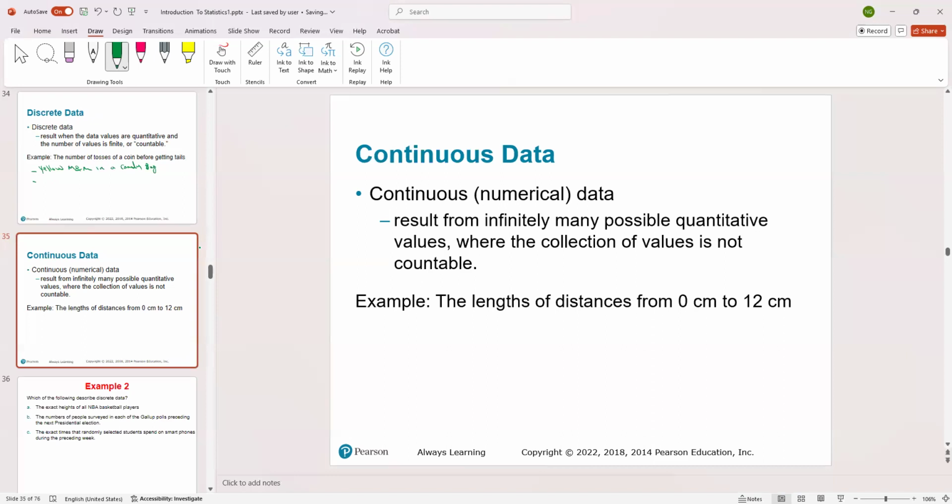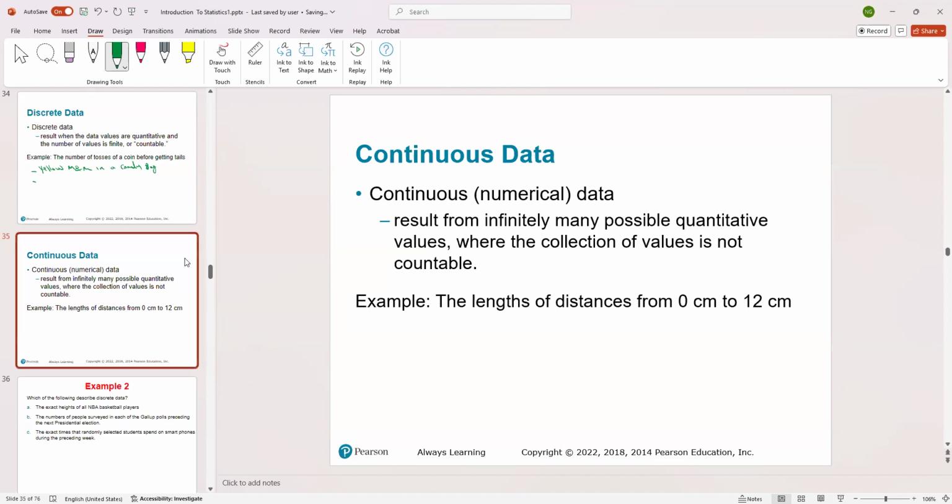So that's very important to see it that way. Some examples of continuous data: the amount of oil spilled on the floor, height, weight of some people. Remember, there is a possibility of getting these as decimals. So we need to check that.